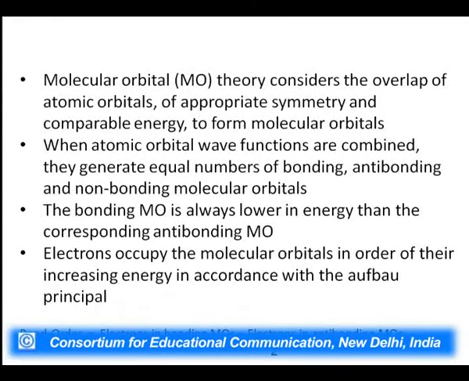When AOs, that means the atomic orbital wave functions, are combined, this is all the mathematical treatment that we do. When AOs combine so as to generate an equal number of bonding, anti-bonding and non-bonding orbitals, we get a newer situation where the electrons then can reside in the molecule formed. And the bonding MOs are always lower in energy than the anti-bonding MOs.